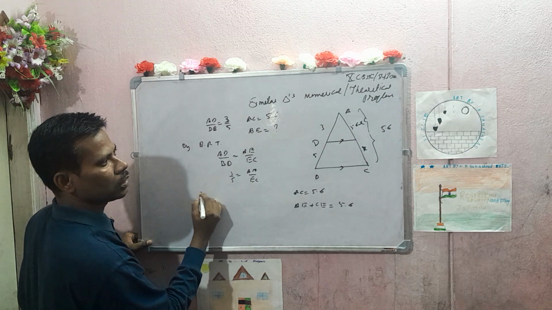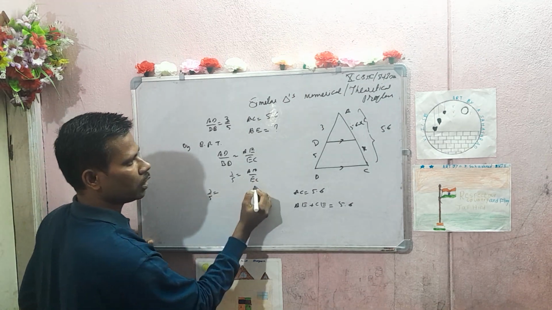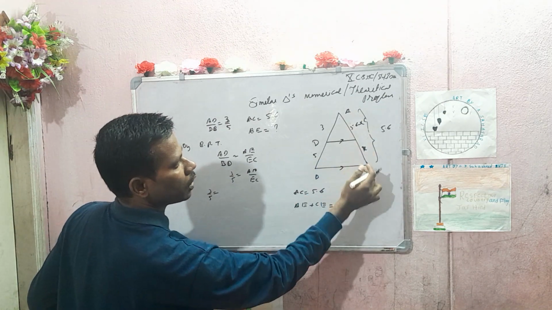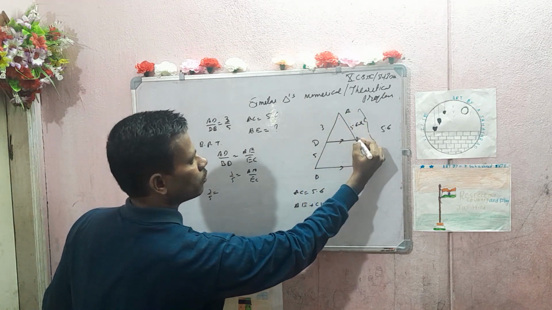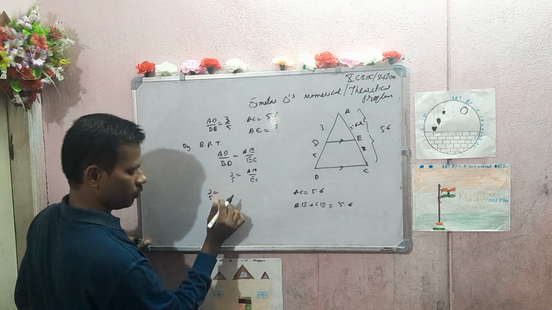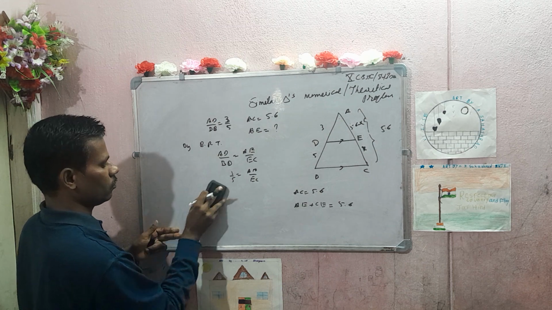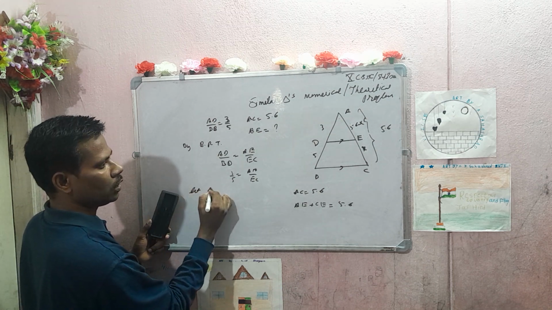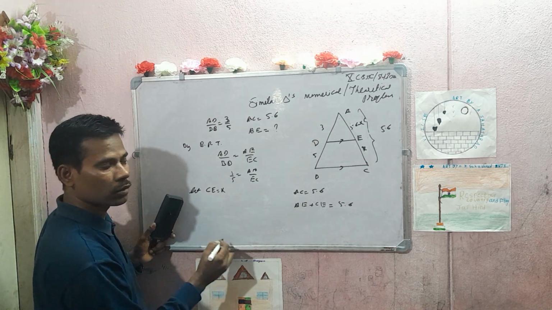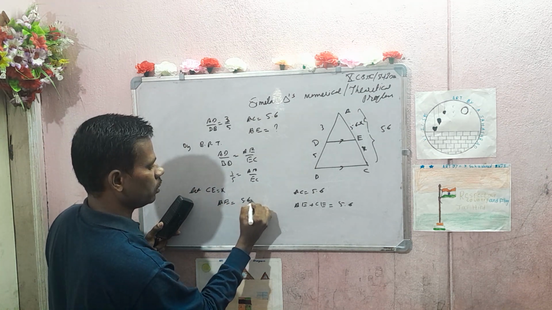So you can write 3 by 5 is equal to AE by EC. Let EC be equal to x, then AE is equal to 5.6 minus x.